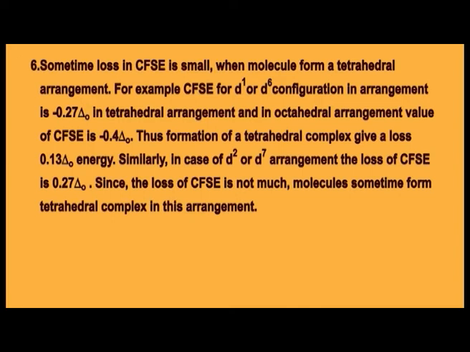Similarly, in case of d2 or d7 arrangement, the loss of CFSE is 0.27 delta O. Since the loss of CFSE is not much, molecules sometimes form tetrahedral complexes in these arrangements.